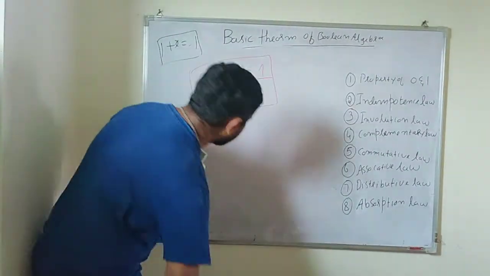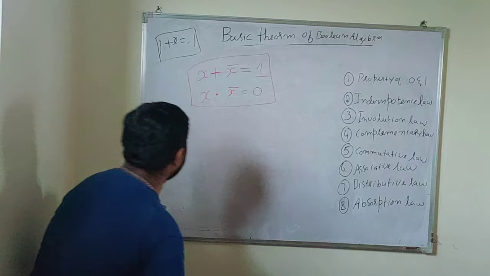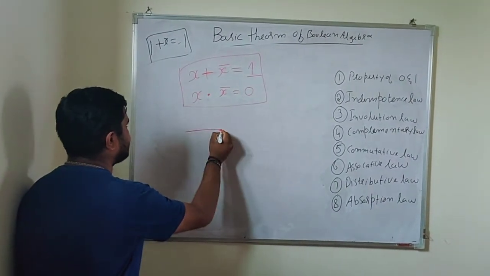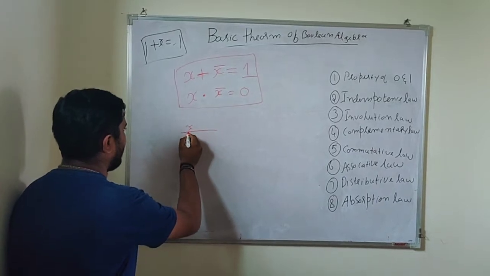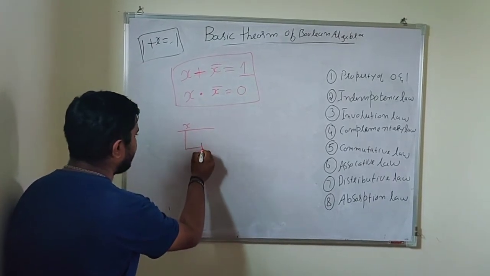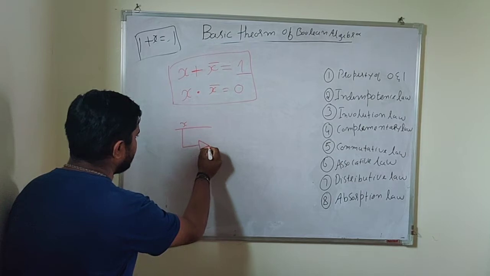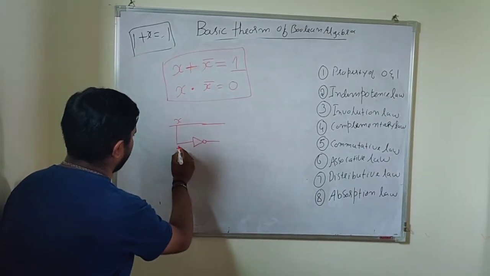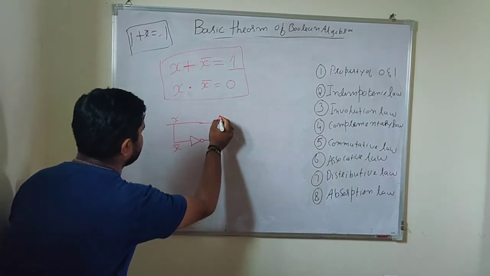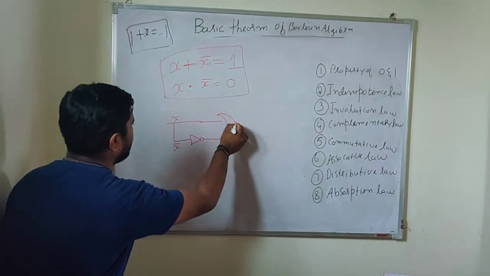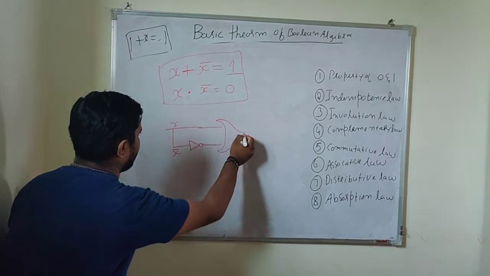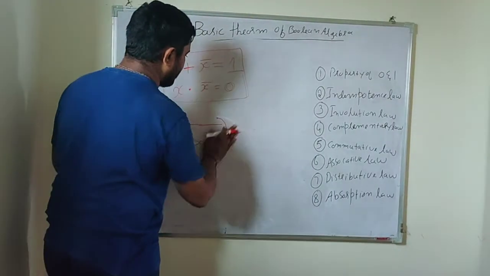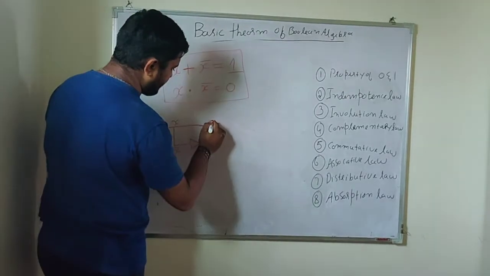So how do you represent this complementary law? It is represented as follows. x is the variable. Now you have inverted this variable, x bar. So what will you get as output? Here you have the OR gate symbol.